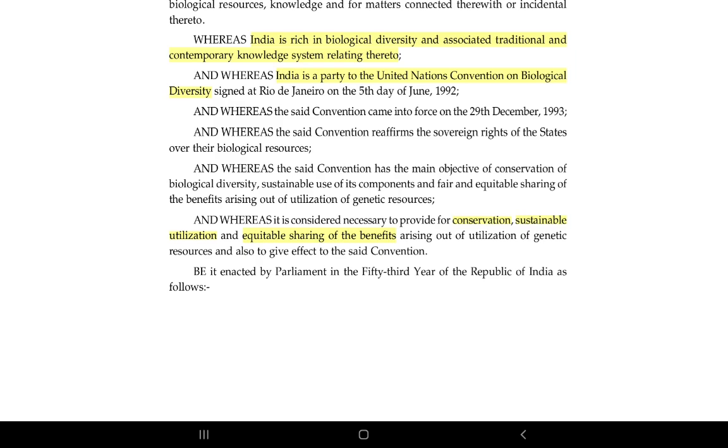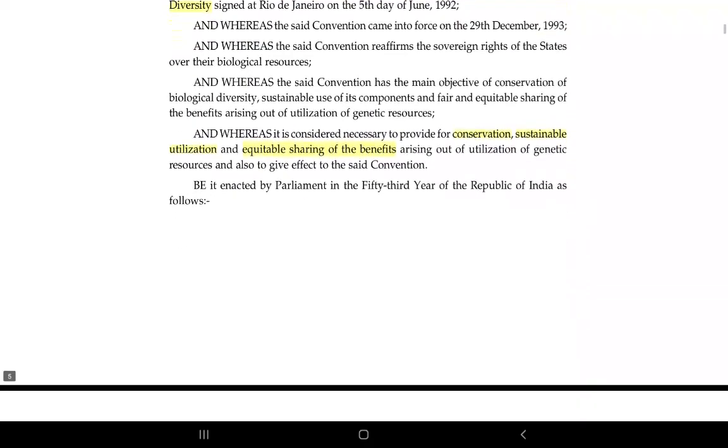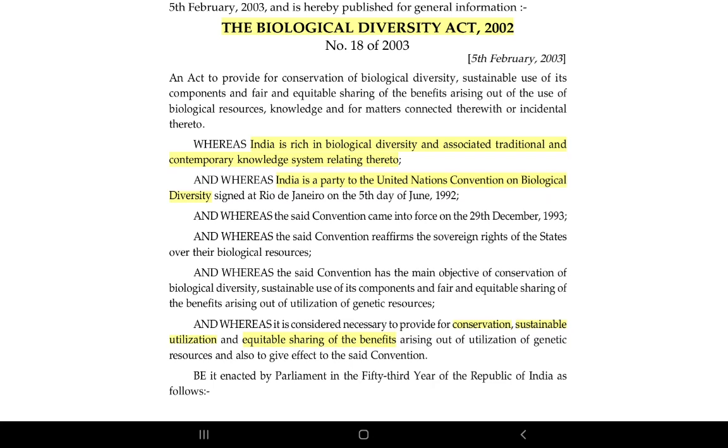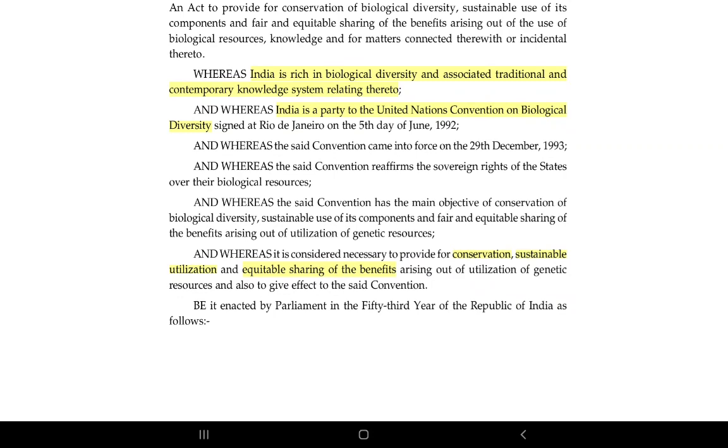So that's what we incorporated in our Biological Diversity Act. The objectives and principles of this Act of 2002 are in consonance with the UNCBD. The main objectives the UNCBD focused on: we should go for the conservation of biological resources and biological diversity.